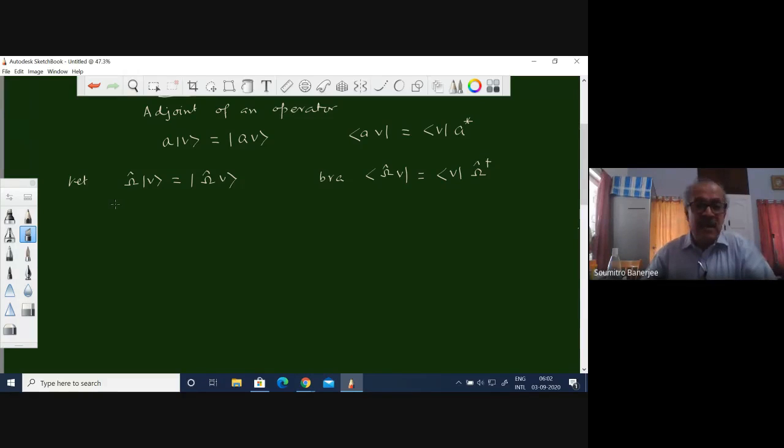That means essentially we say that if we operate on a ket by an operator omega, what is the equivalent operator that must operate on the bra of the same vector? That is the adjoint. So this is the definition of the adjoint of omega.